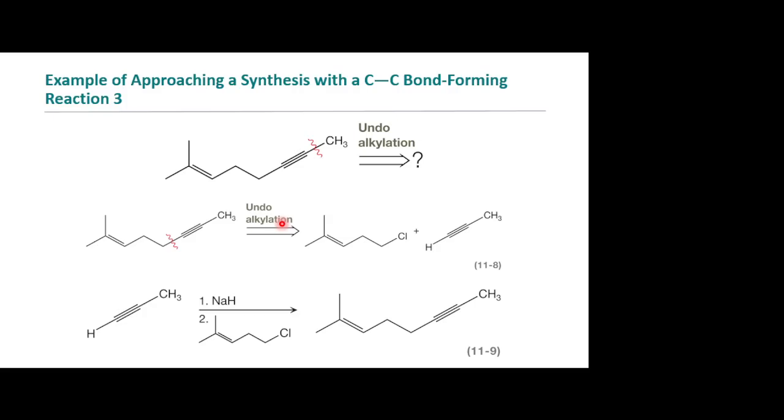We're going to use one of those tools that will do it. And so we're going to have the halide here, and then we would have the hydrogen on this side. If you use the hydride here, this would take that off, right? Leave us the negative charge here. And then it should attack that and give us this product, right? And so this is the other way we could have done that alkylation.